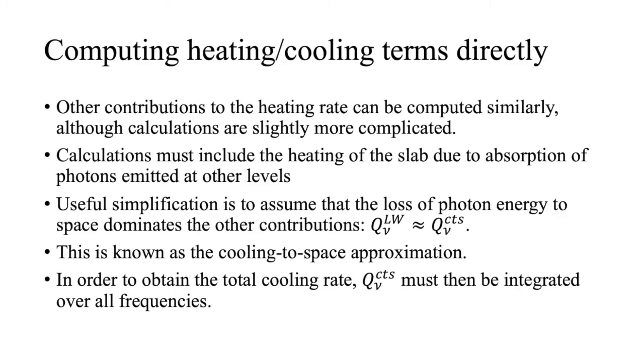Because you could have one slab of the atmosphere being influenced by other slabs of the atmosphere, and this would make it really complicated, because in order to know what's happening at a particular point, you have to know what is being emitted by all the different points, and these are interacting with each other, and it would get really complicated really quickly. So just assume that what is lost by the slab to space is the dominant source of cooling, if you will, and that dominates everything else.